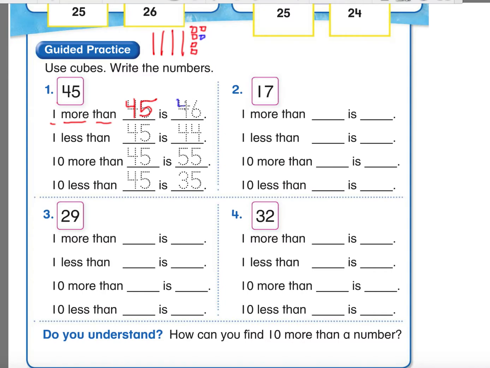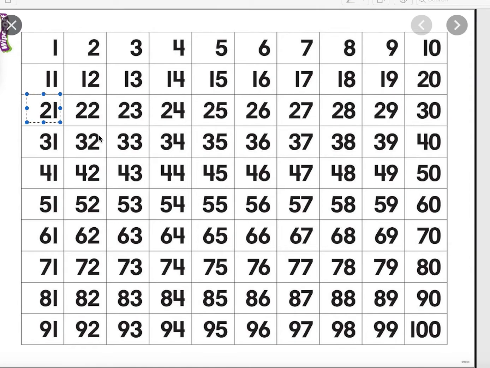So that's how they got 46 as their answer. Or you can also use the 100 chart. Find 45 right there. And one more, we jump over 1, 46. Okay?